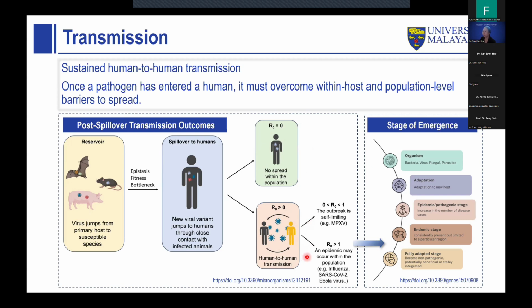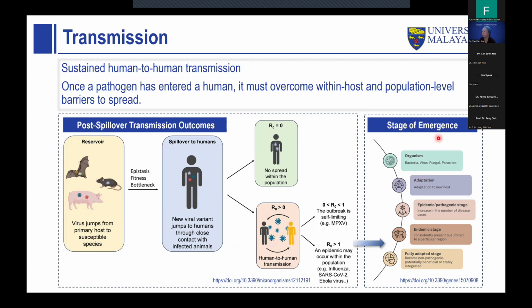But there is another scenario, when the virus adapts very well, such as influenza, SARS-CoV-2, or Ebola. It crosses a critical threshold of one-to-one transmission. So now a single case can infect many people. That's when an epidemic or pandemic can happen following the spillover and transmission by a virus which adapts into the human population very well.